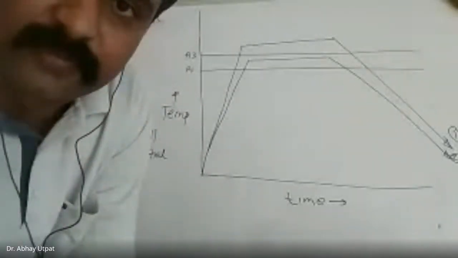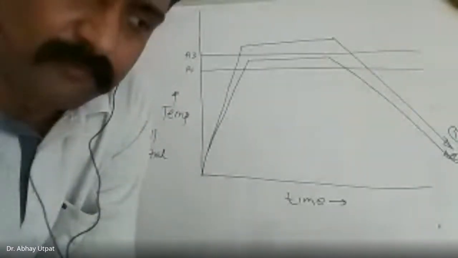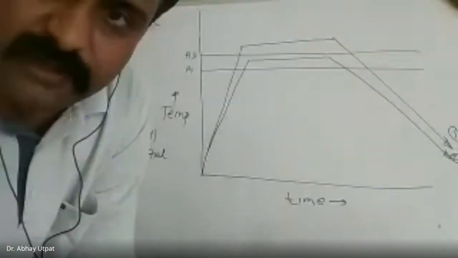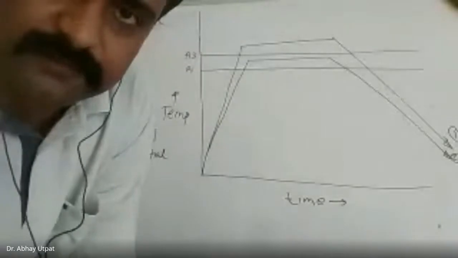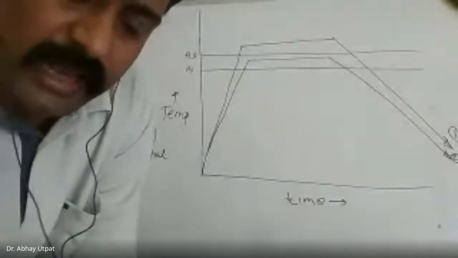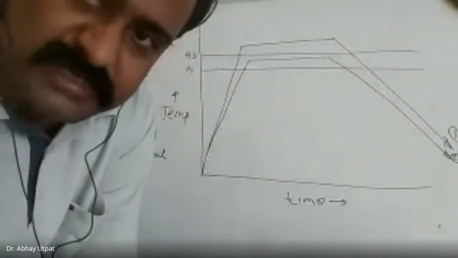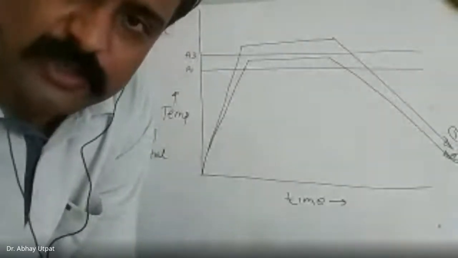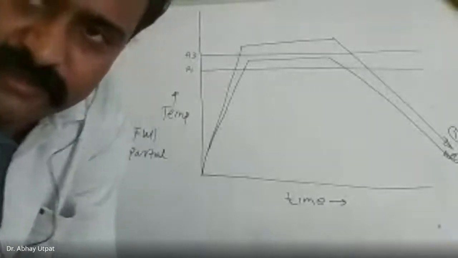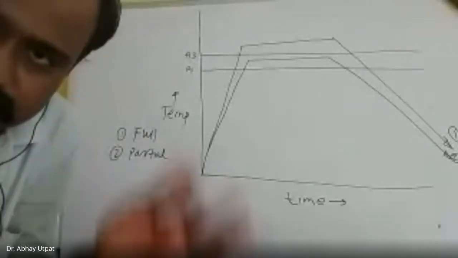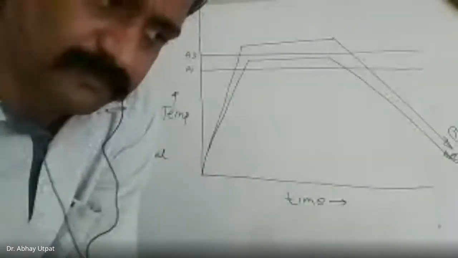I hope somebody has opened the diagram. Alpha plus pearlite is present at room temperature. As soon as you cross the A1 temperature, pearlite is converted into austenite. So between A1 and A3, the structure is alpha plus austenite.